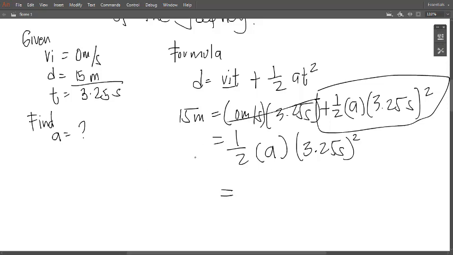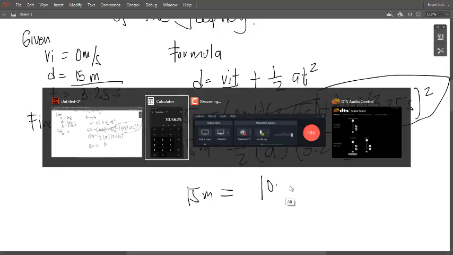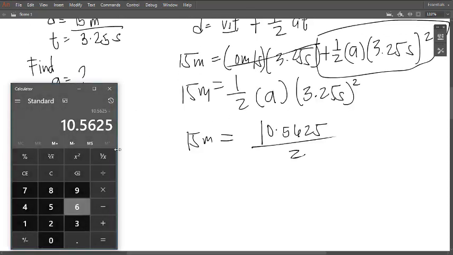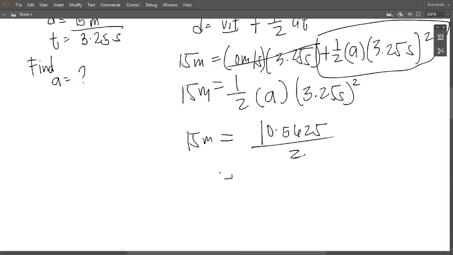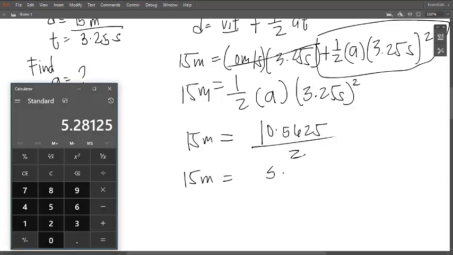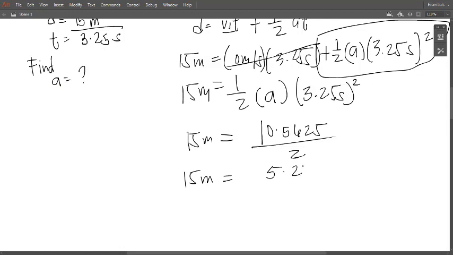So 15 meters equals 10.5625 here, divided by 2, which will give us 5.28 seconds squared.